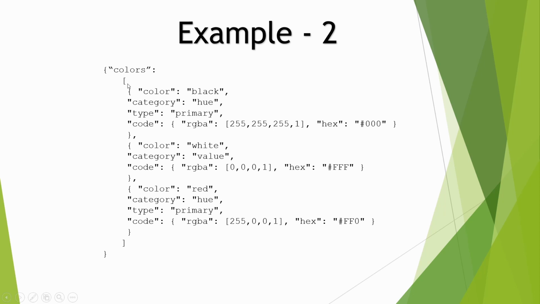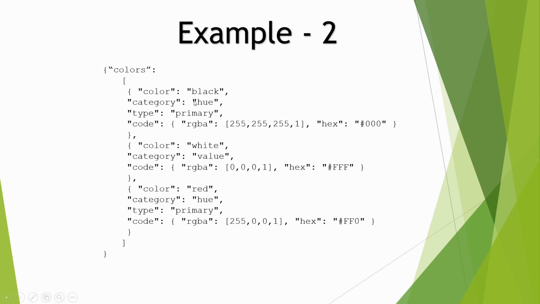This is the opening square bracket and this is the closing square bracket, and each has a dictionary, and it has attributes color black, category hue, type primary, and the code attribute has the values of RGBA and hex.